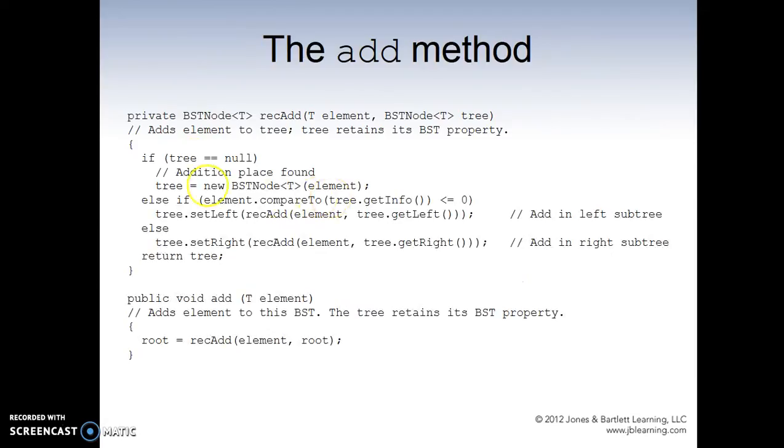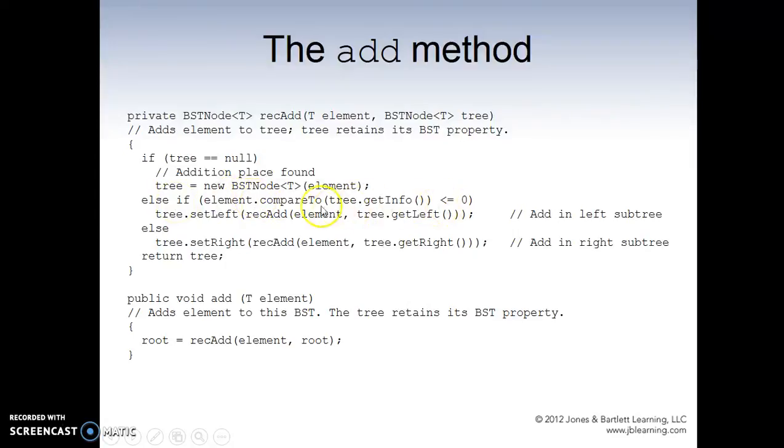So let's look at it. First check if the tree is null. If it's null, that means the new node is the tree. So tree equals the new node. Right, instead of return false, just return tree equals the new node, or just set it, not returning anything. Else that means we start to compare.